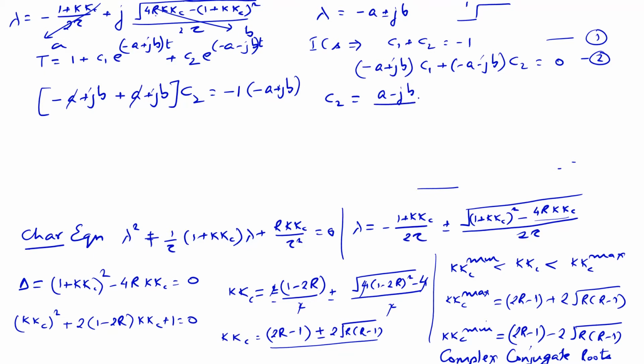And C1 will be, replacing minus j with plus j, (a plus jb) divided by 2 times jb. Okay, so this is what C1 and C2 turn out to be.